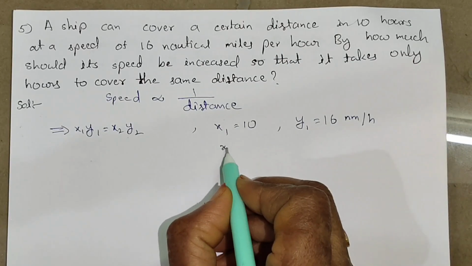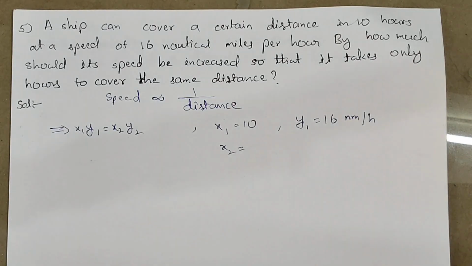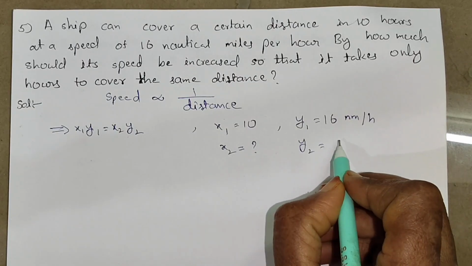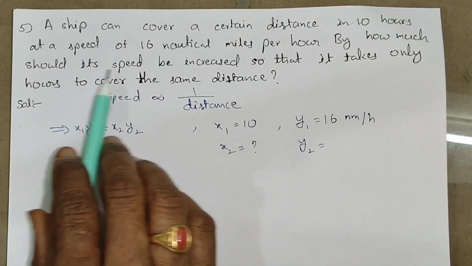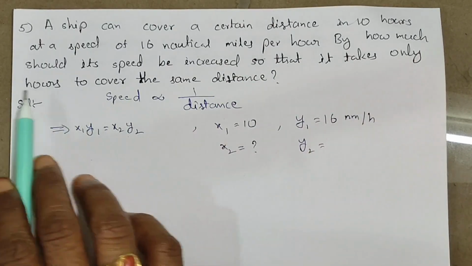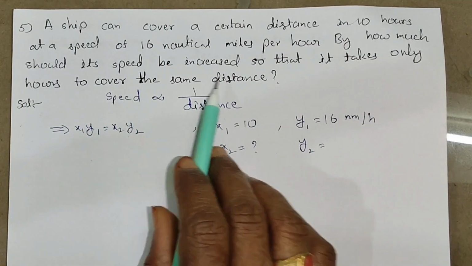So here x2 equal to 8 hours, and we find y2, the speed. By how much should its speed be increased so that it takes only 8 hours to cover the same distance.